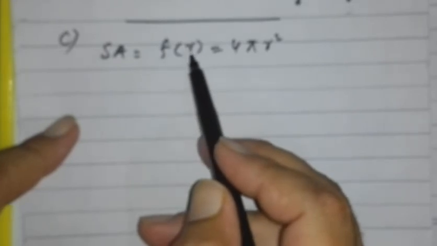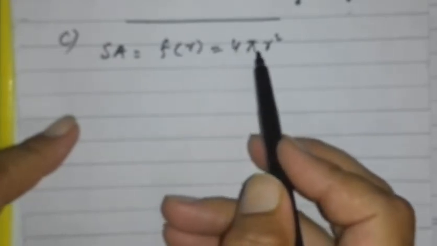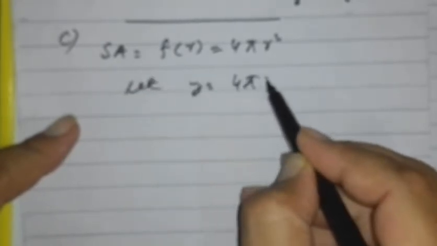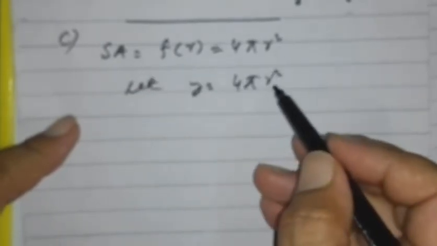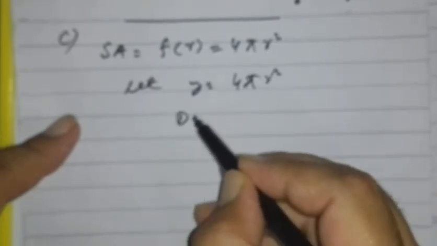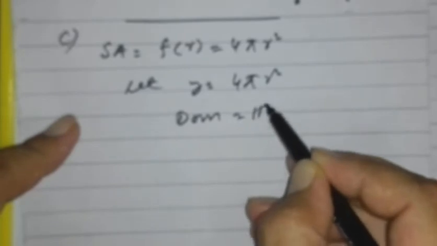Surface area equal to f of r, it is the function in r, 4 pi r square. So let y equals to 4 pi r square. Now when we put any real number on place of r, we will get a real, so its domain is the set of real number. It cannot be undefined by any number.